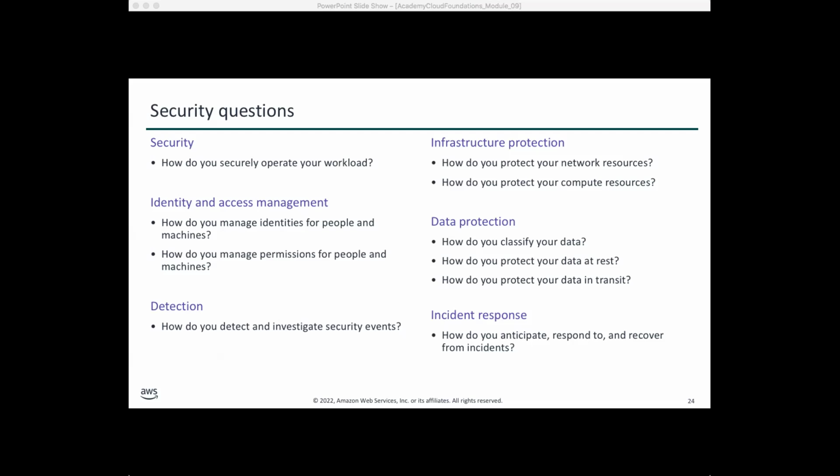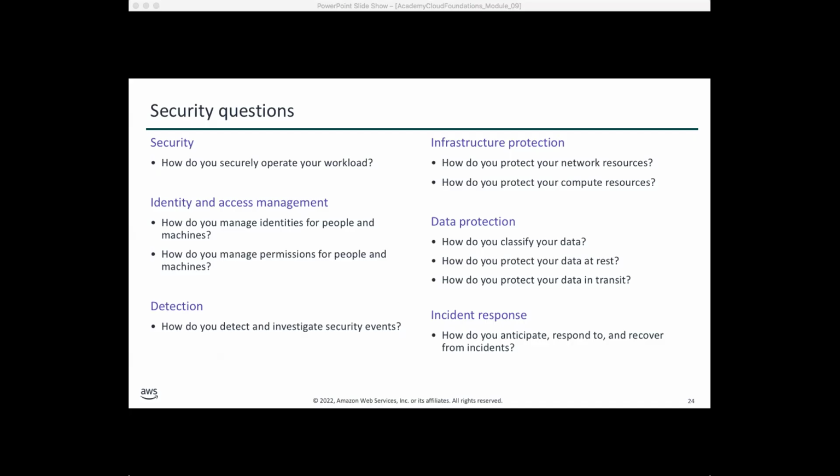Detection: how do you detect and investigate security events? Obviously, incident management comes into the picture here. Infrastructure protection: how do you protect your network resources as well as compute resources?